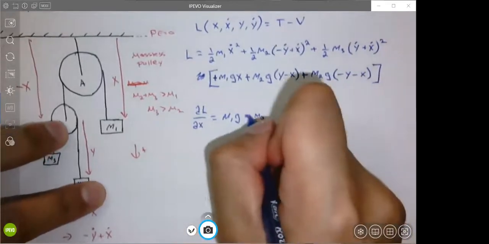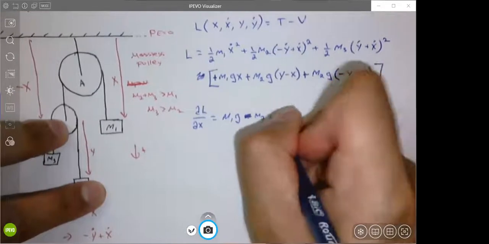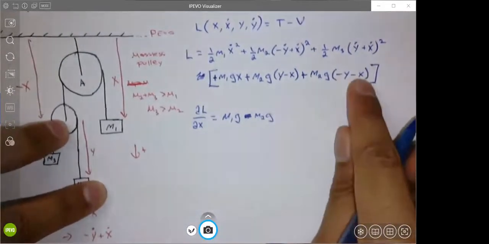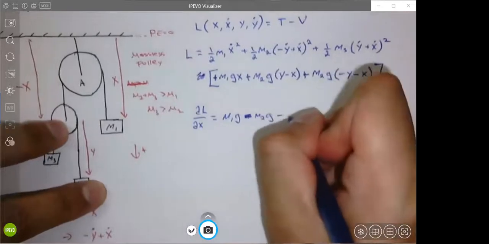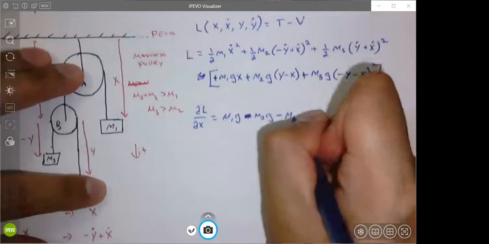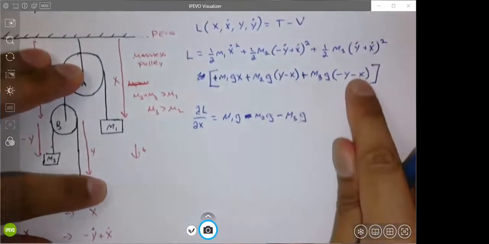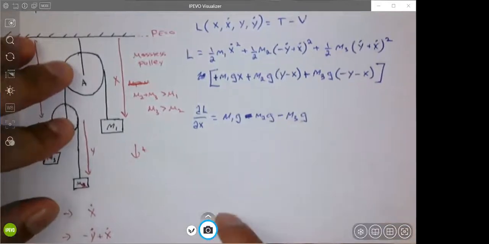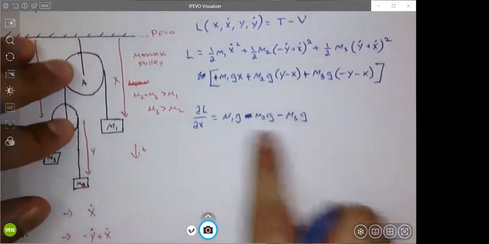So I guess we could write that as minus m2g. And then the last one, you have another minus x here. So it'll be minus m3g. Because the derivative of a negative is still a negative. There is our first part of the Euler-Lagrange.